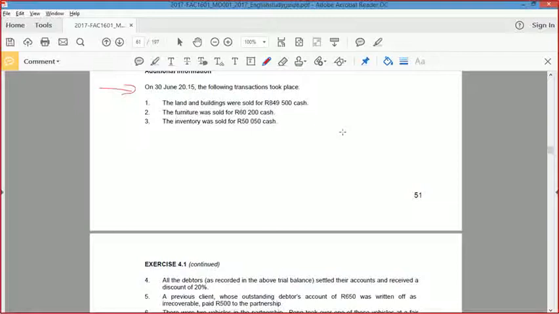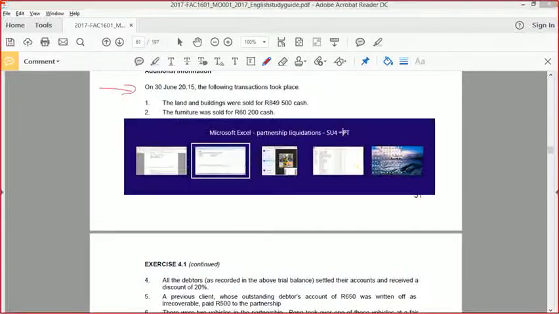Okay, land and buildings were sold for 849,500. So we must debit the assets. What asset? Land and buildings. No, you're not buying more. If I buy more land and buildings, then I'll debit it. I'm selling land and buildings. So give me the working. I'll credit the land and buildings, fine.